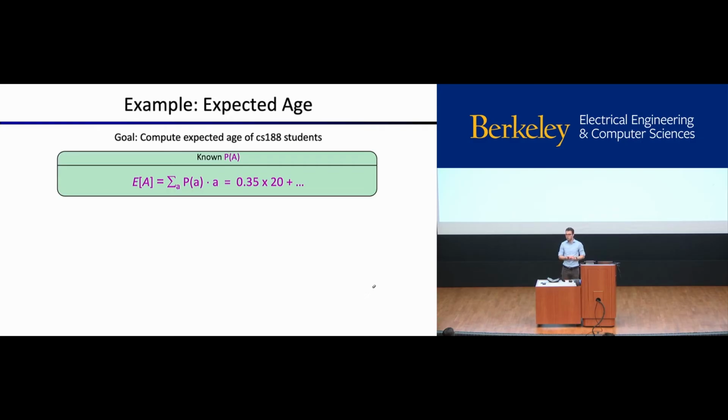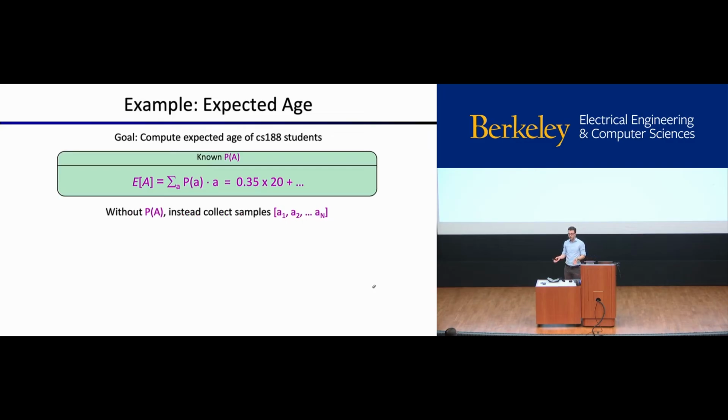A is a random variable, but I know P of A. I have some model that tells me with these probabilities, maybe 35% of the time, students are 20 years old, and so on. Then I can just add together all the different ages multiplied by their probabilities, and that will give me the expectation. I can solve for it.